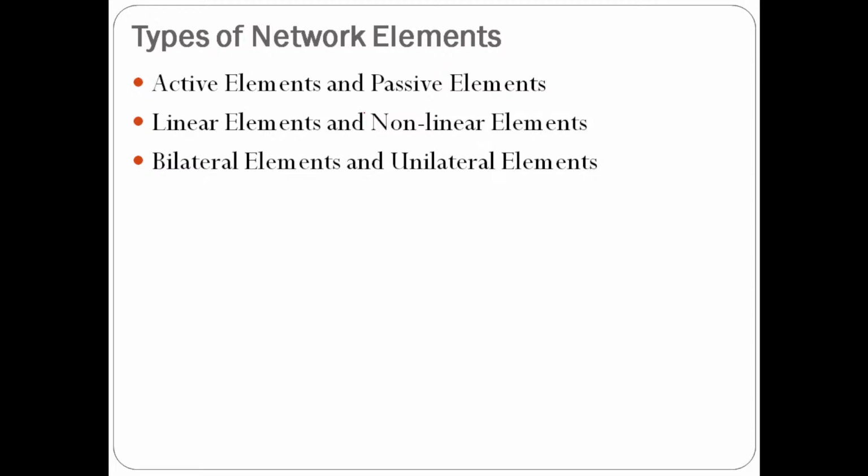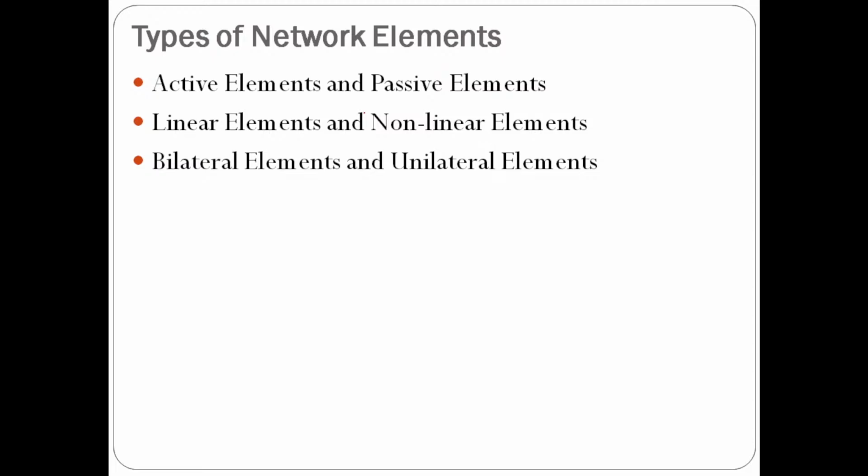That's why I'm discussing all these things. Without knowing the types of sources and network elements, it's of no use to go directly to the series and parallel circuit content.